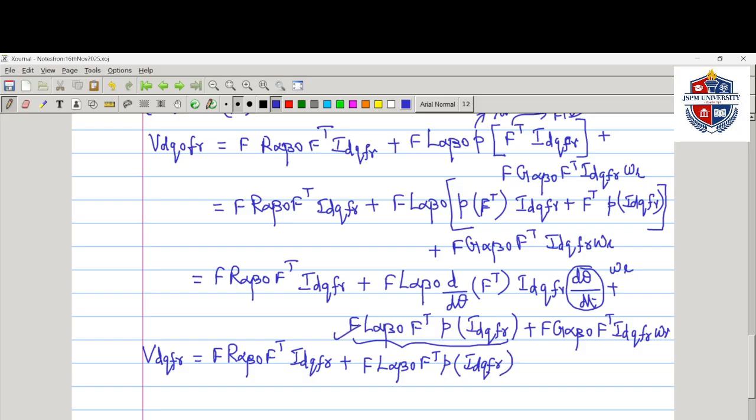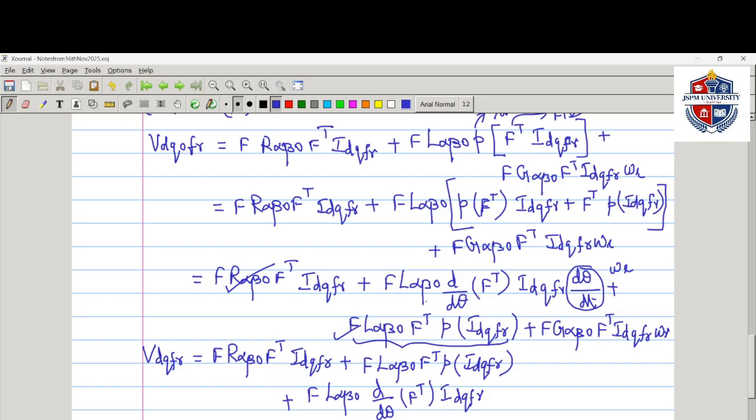Now this term is over, then plus F L alpha beta 0 into the differentiation d by d theta of F transpose into I dq fr into I dq fr.